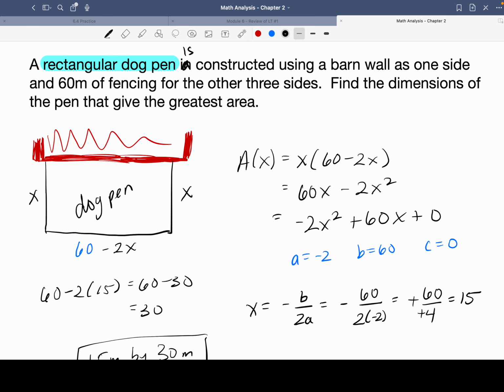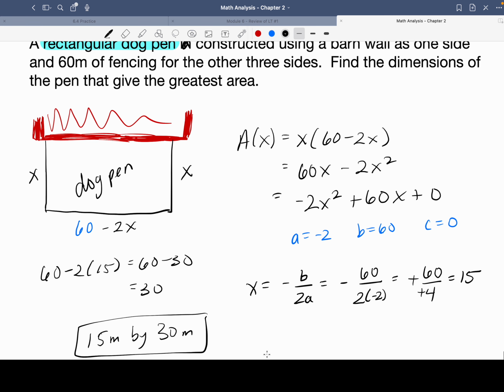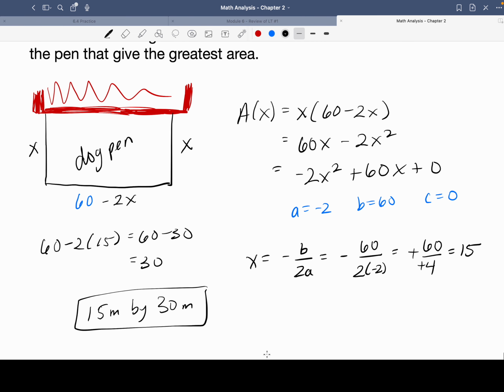Now, how could we take this even further? We would say, what's the greatest area we can come up with? If that does get asked, then you can just say, well, A of x equal to, and you just do 15 times 30. You're basically skipping the step in that we're plugging in.